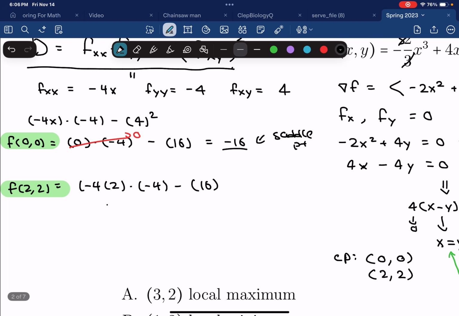So in this case, this will become negative 8 times negative 4 minus 16, which is equal to 32 minus 16, which is 16, which becomes a relative extrema because it is greater than 0.